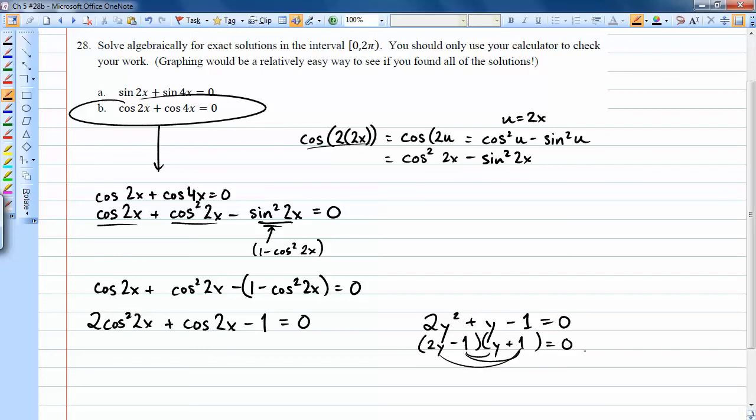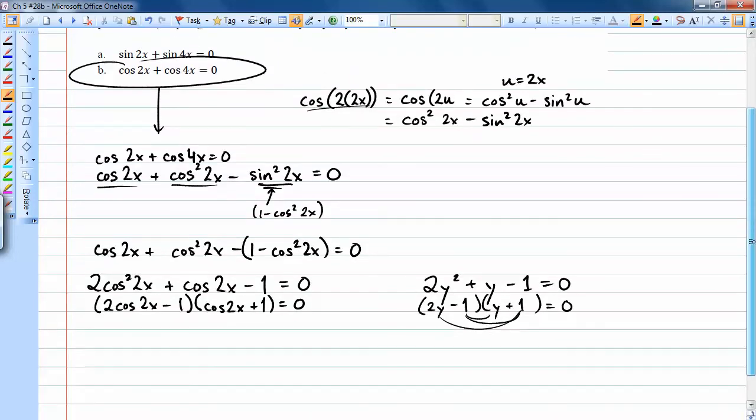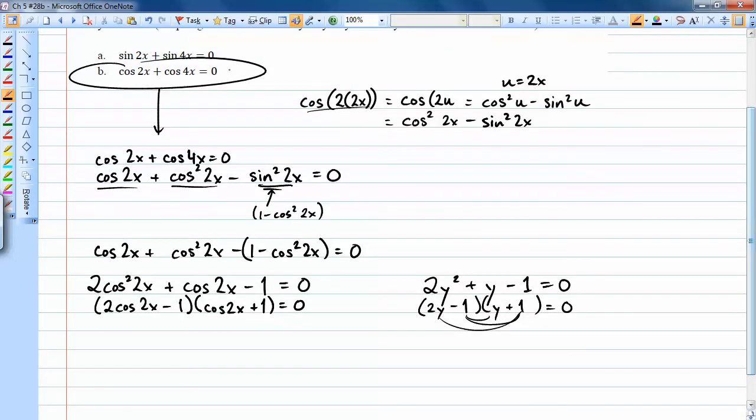So yeah, that works. So what this really turns into is 2 cos 2x minus 1, and cos 2x plus 1 equals 0. You can kind of see why this problem is deceiving. It looks so simple, and then you end up doing all these extra steps along the way.